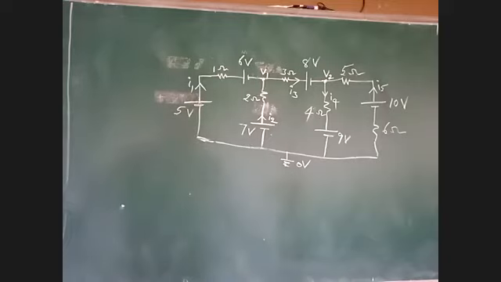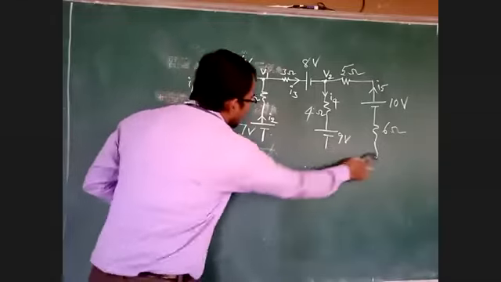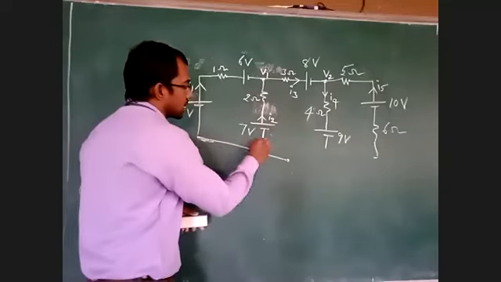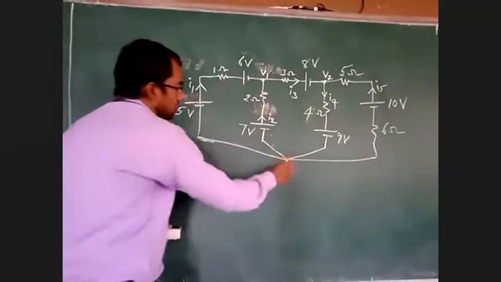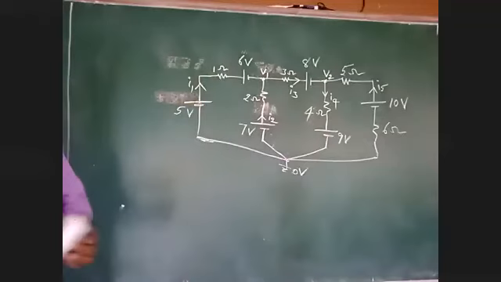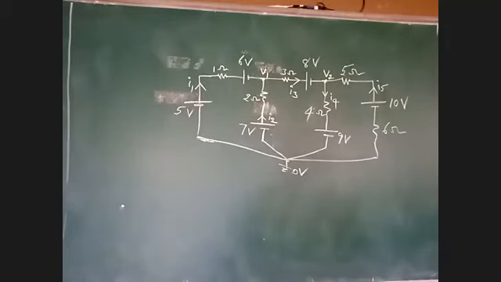See here, why I have taken this one: if you take this one as the node, this can be connected here, this can be connected here, this can be connected here. All the branches can be connected at one common point. There is no intersection of the branches there. That's why I have taken that one as the reference node, common node. All the branches are connected to one common point. Most of the branches should be connected. That can be taken as the ground node.